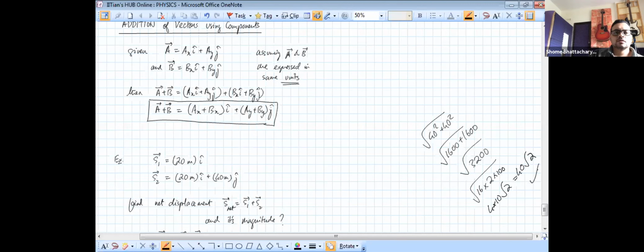So that is 40 root 2. Yeah, you have to write in simplified form.